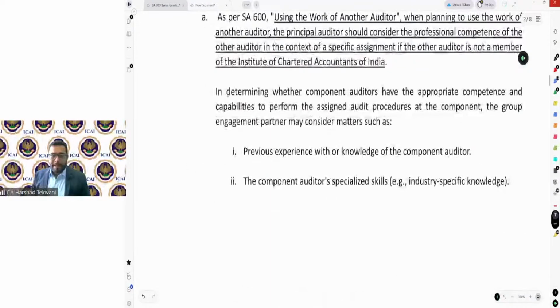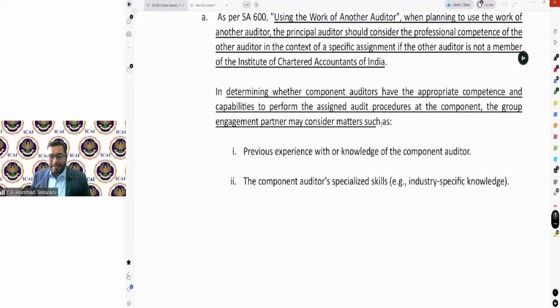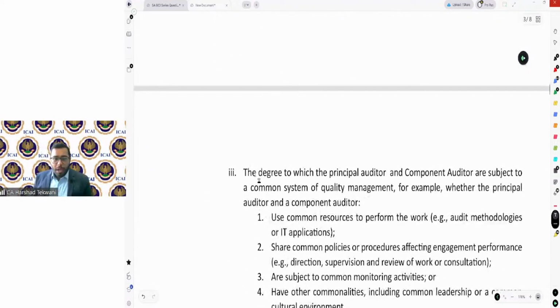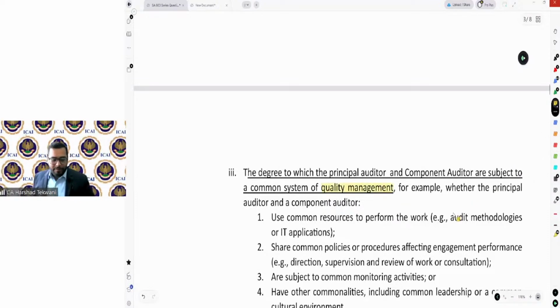In determining whether the component auditor has the appropriate competency and capability to perform the assigned audit procedures at the component, the engagement partner may consider such matters as previous experience with knowledge of the component auditor's specialized skills, and the degree to which the principal auditor and component auditor are subject to a common system of quality management, and that's very important. We were forgetting about quality management.